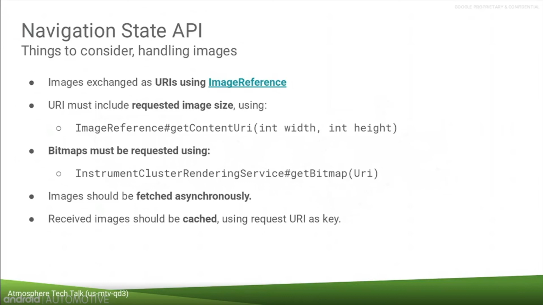We recommend that you don't try to fetch the URI directly. There's some work that needs to be done because of the inter-user communication. Like in this case, the cluster is in user 0. The bitmaps are actually provided by an app that might be running on a different user. So we have taken care of that on this getBitmap method.